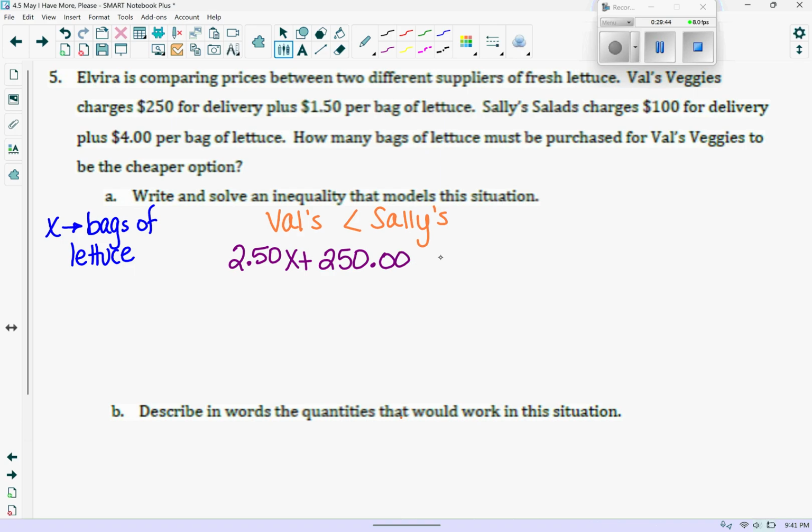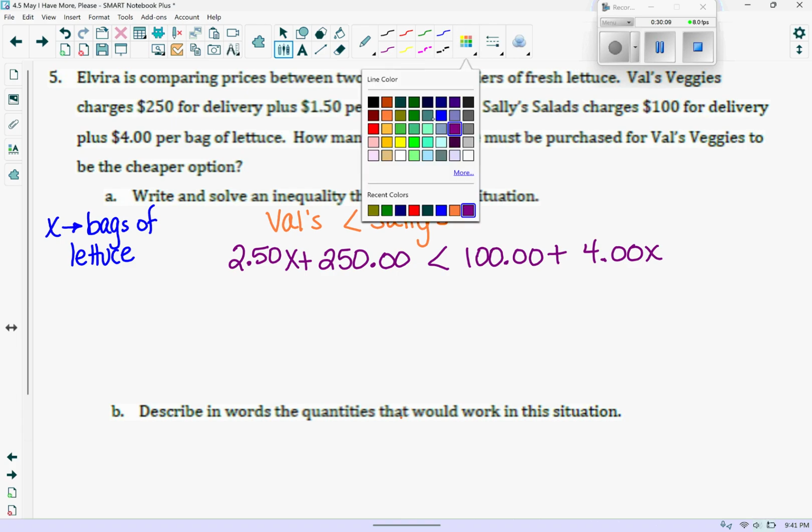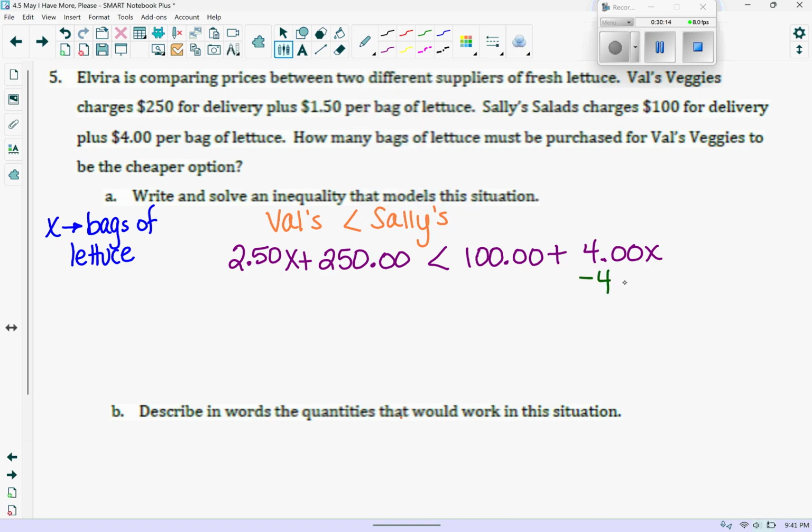All right, needs to be less than Sally's, which charges $100 for delivery, plus $4 per bag. All right. So I'm going to subtract my $4x.